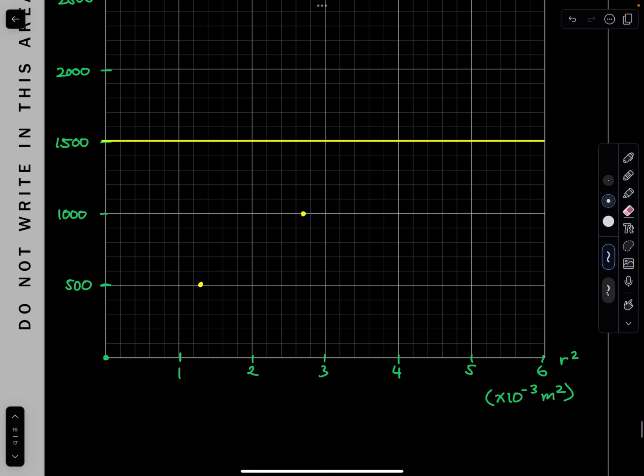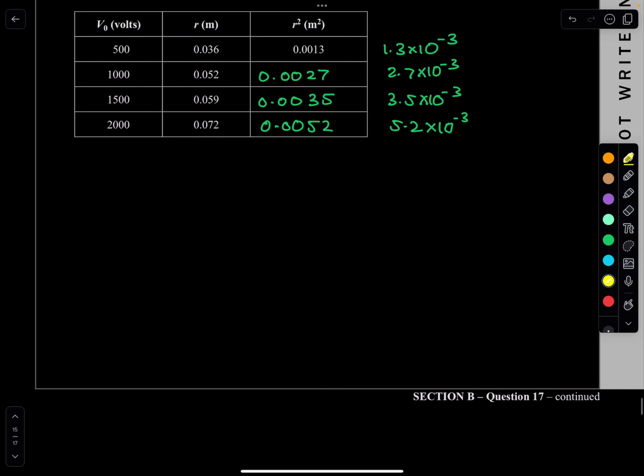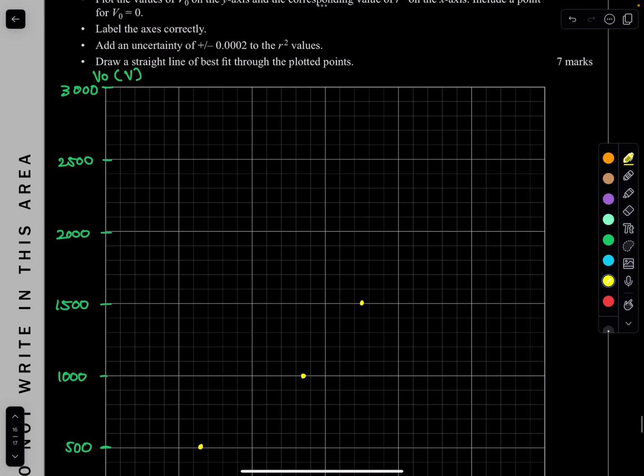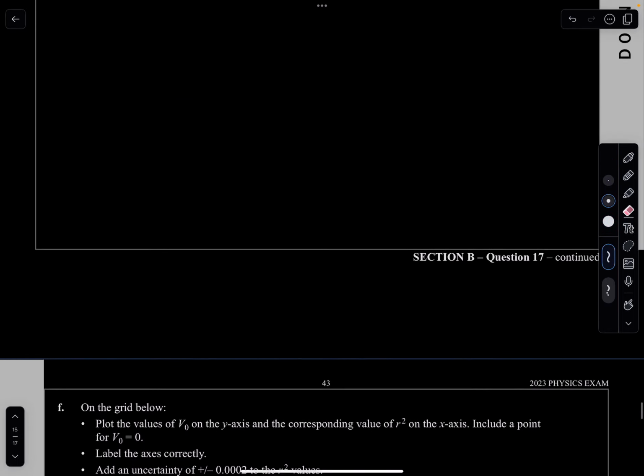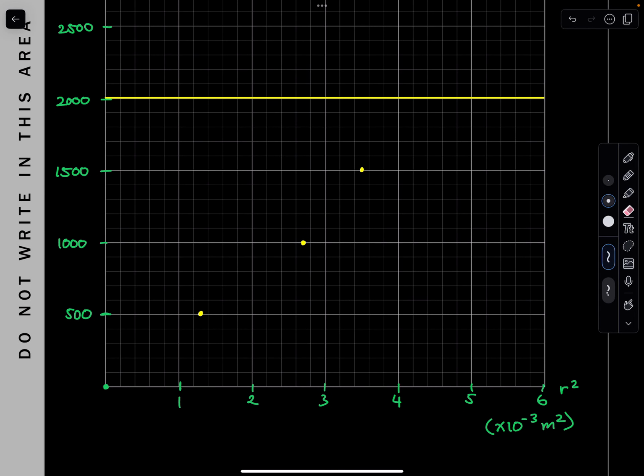So 2, 4, 3.5 is right there. Beautiful. Let's rub that off. And the last point is 2000. That's 2000, and it's 5.2. So 5.2 is right here.